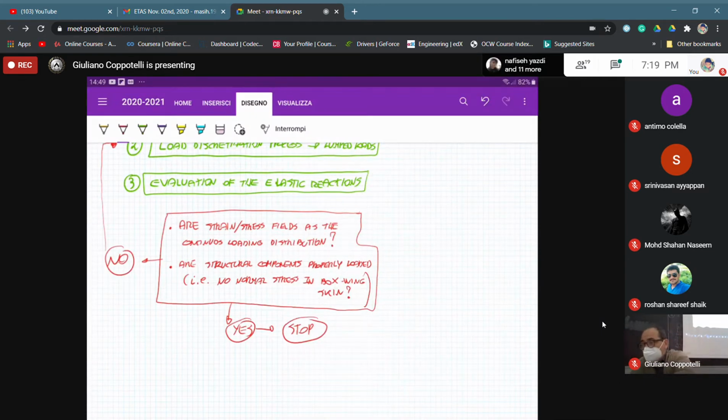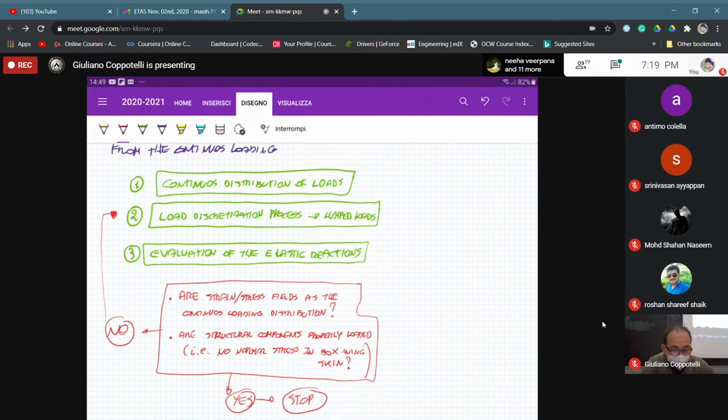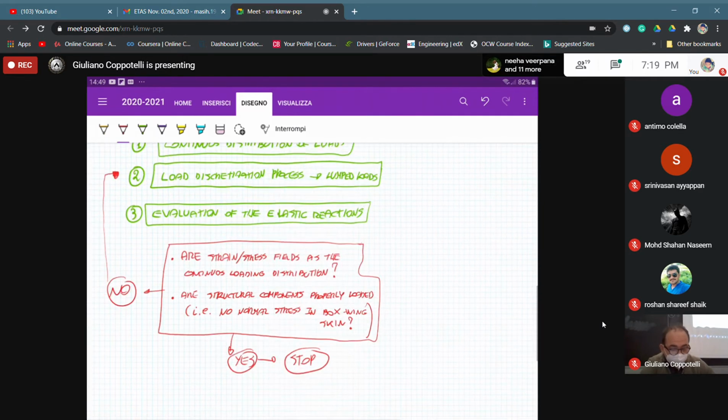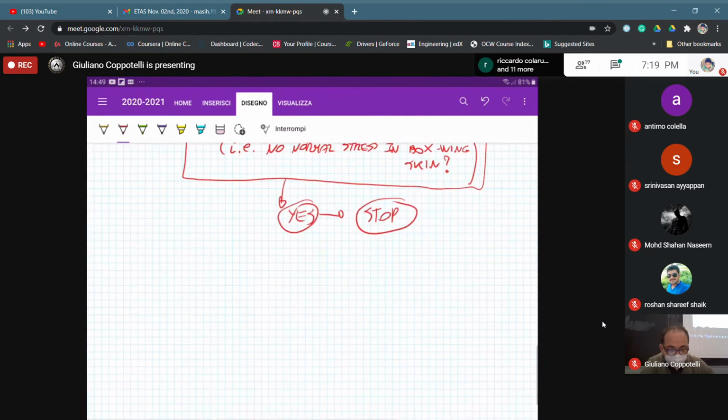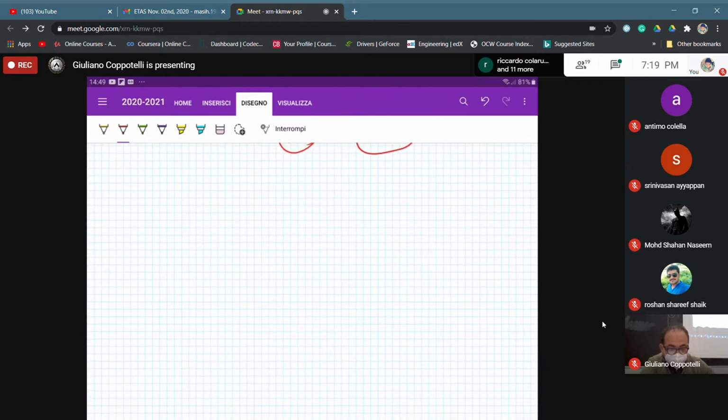Now, just to give you an idea of what this process is, let's refer, for example, to an aircraft wing. So let me draw a very useful picture of an aircraft. For example, like this. Here you have the vertical rudder.